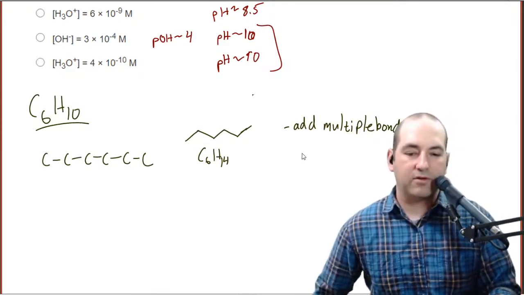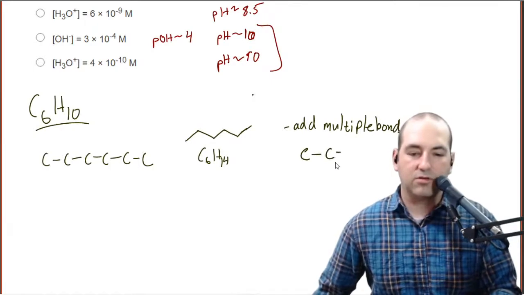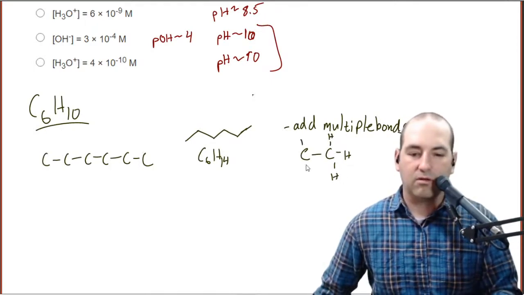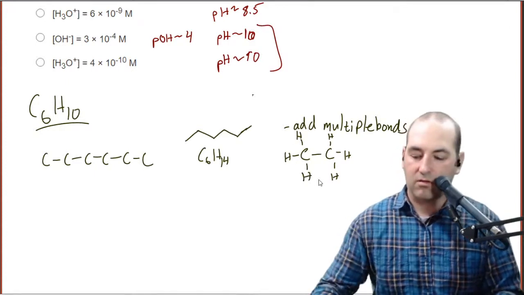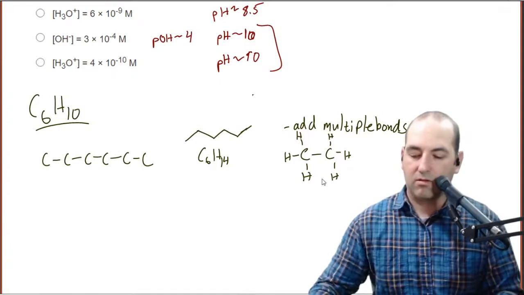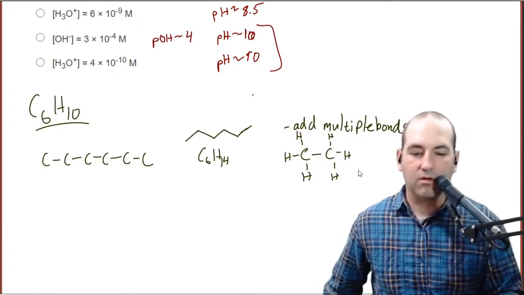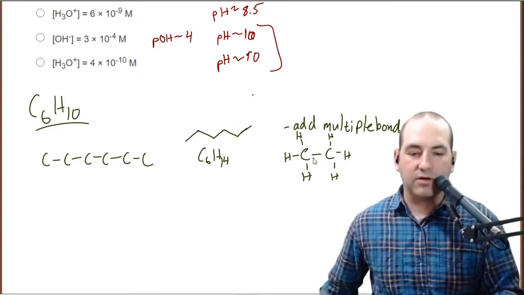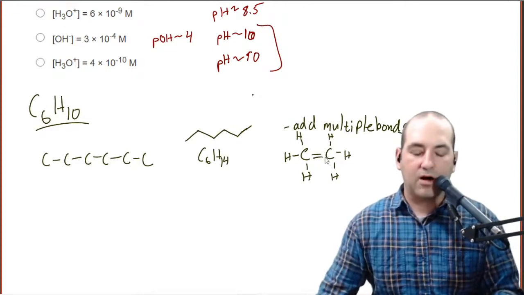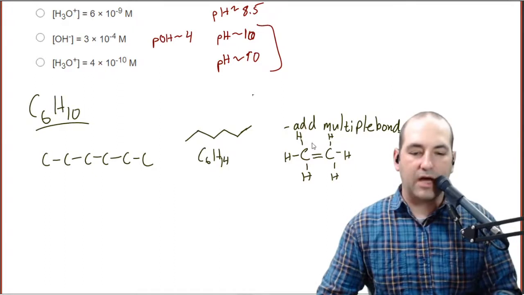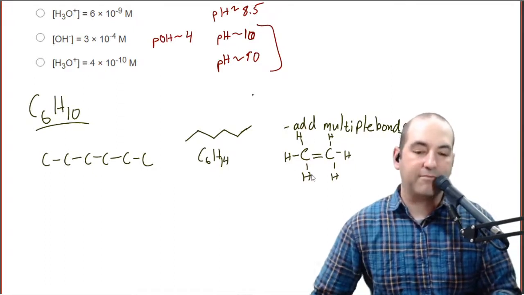If we have just a very simple 2-carbon molecule, ethane, and we add a double bond to it between the carbons, well, now those carbons have 5 bonds each.